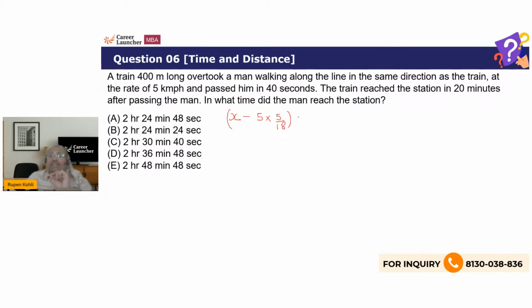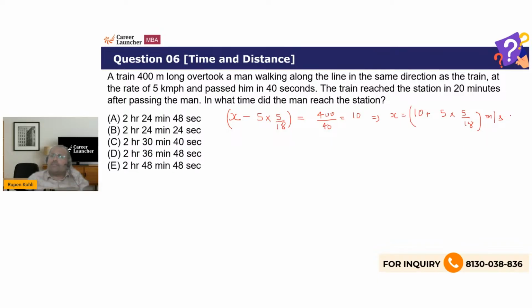So this speed is distance by time, where the relative distance covered is 400 meters in a 40 seconds framework. So this is 10 seconds, right? So I'm getting the speed of the train in meters per second as 10 plus 5 into 5 over 18. Let me specify this is meters per second.